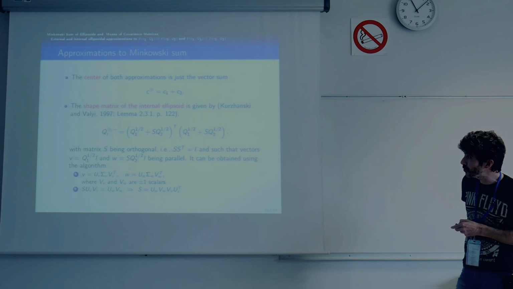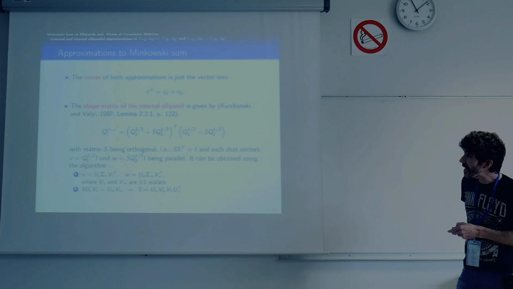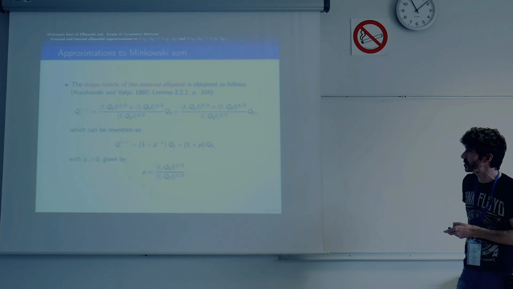Basically, you need to compute just an orthogonal matrix X, which aligns these two vectors, which can be done by very simple linear algebra computations. So for any L, you get the ellipsoid which is equal to the Minkowski sum in this direction. This is for the internal approximation.